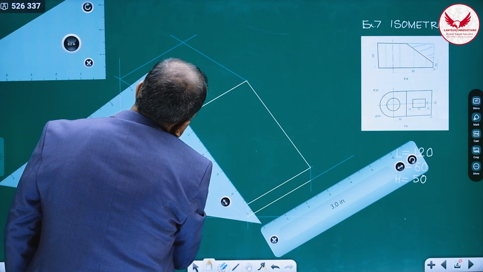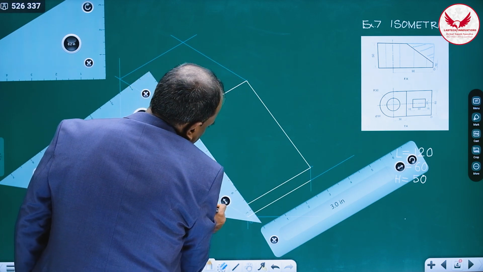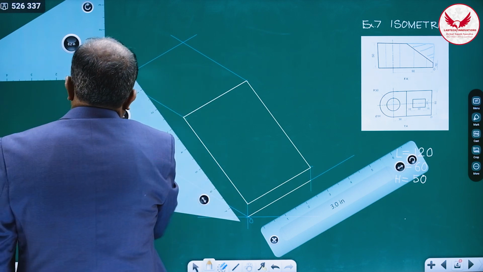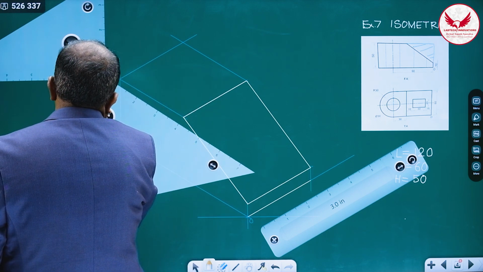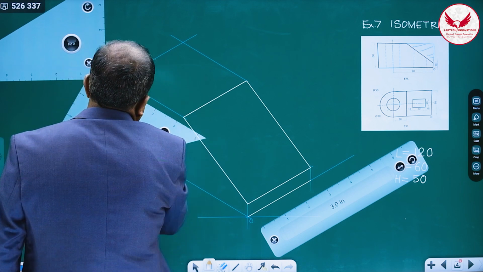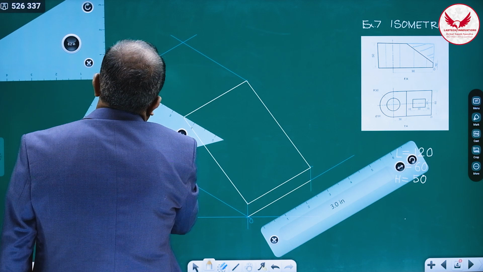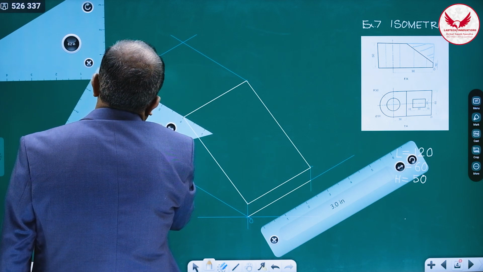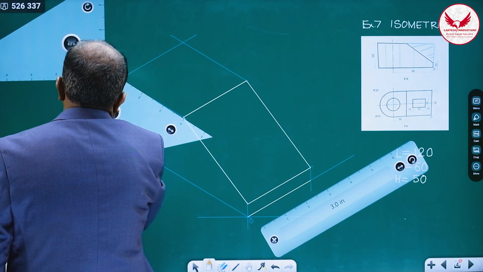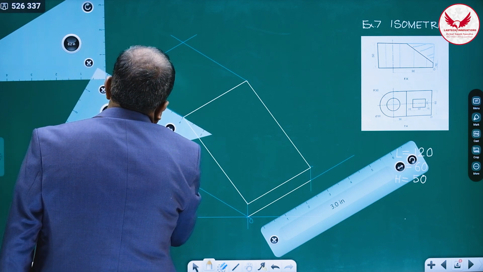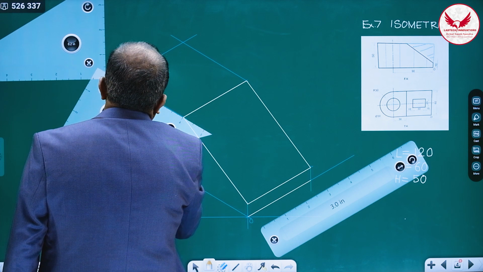Like this. So like this. Then see, this line, this portion is going to be straight from this up to 30.